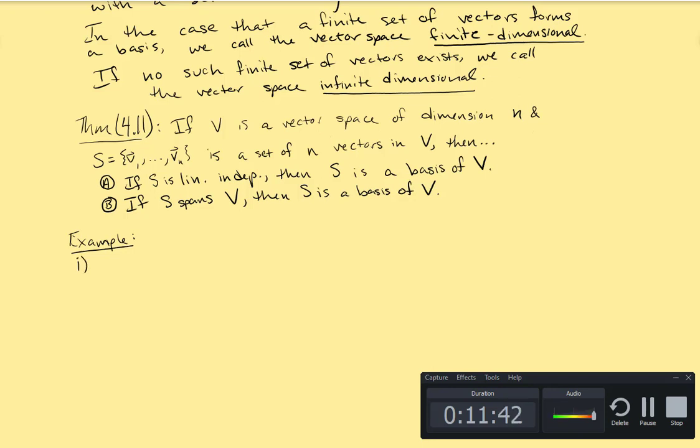Let's determine a basis for a subspace of R3, and let's write down its dimension.